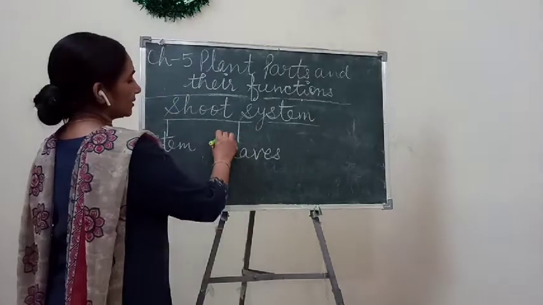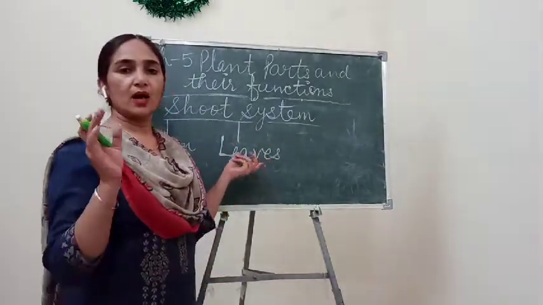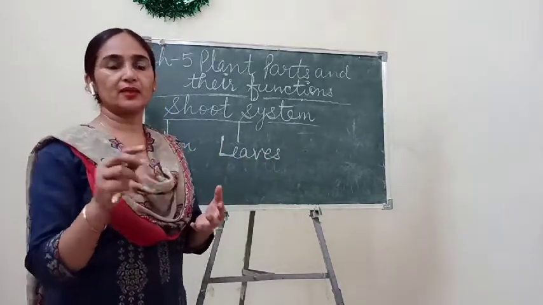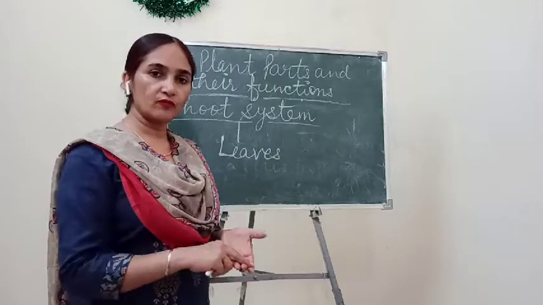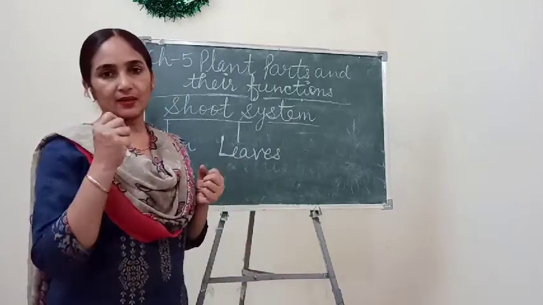You know that main function, just now we discussed that leaves are green in color because there is a chemical present in the leaf which is called chlorophyll, and chlorophyll is able to trap the sunlight.